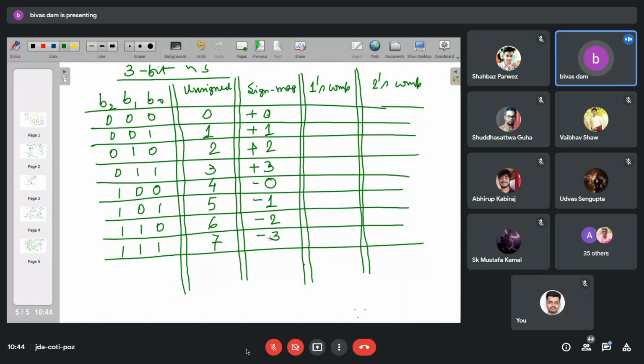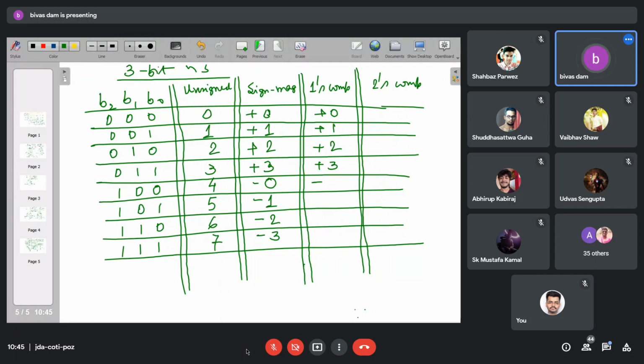Then you go for the 1's complement. For the 1's complement, we know that for positive numbers, sign magnitude and 1's complement are the same, because the number starts with the positive sign bit 0 and the other bits are only magnitude bits. So these are plus 0, plus 1, plus 2, and plus 3.